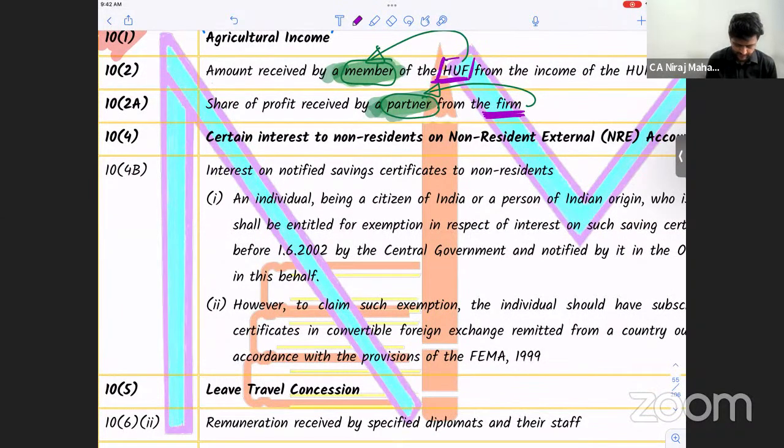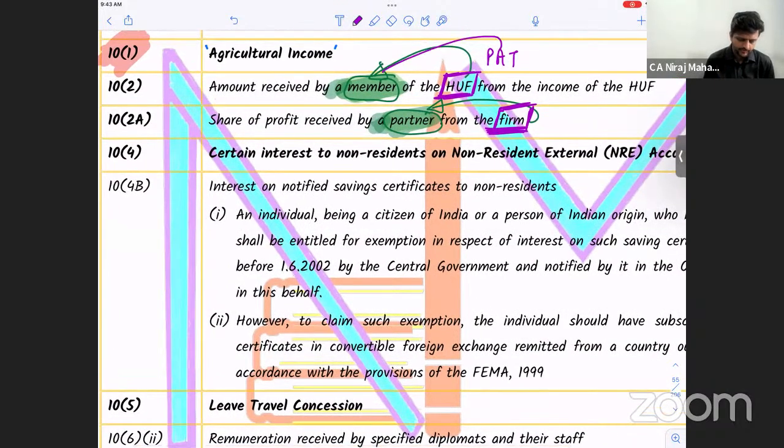This HUF or firm. So who is the assessee in the first stage? HUF or firm. So it is the income of the HUF or the firm, and they will pay taxes. So basically, I'm talking about profit after tax. You have PBT and PAT, profit before tax and profit after tax.